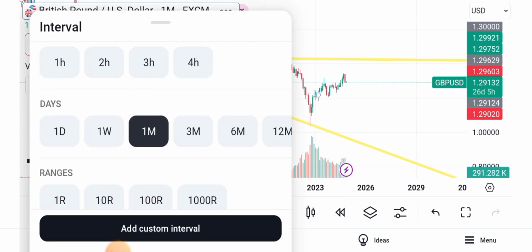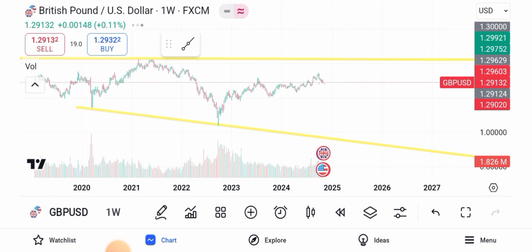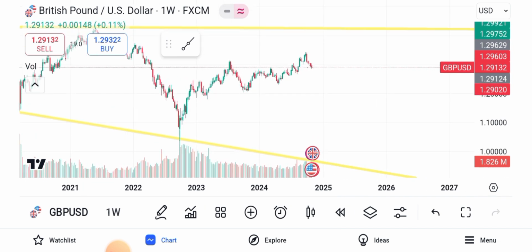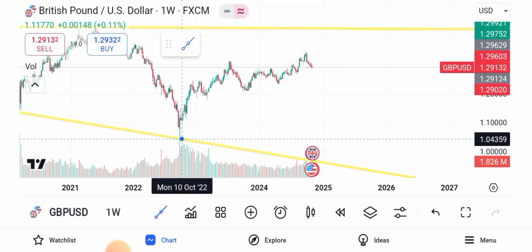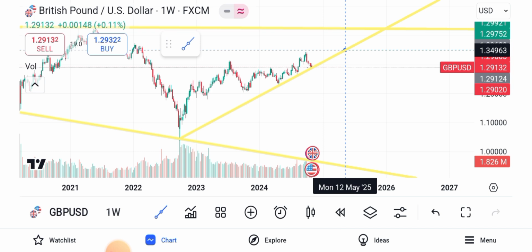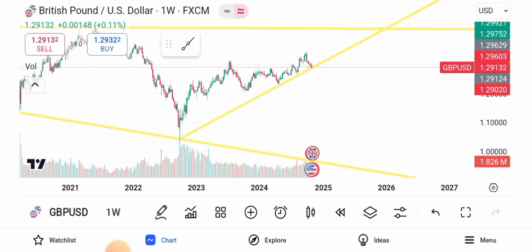We are going now to our weekly chart to look for price action and where we can actually draw a trend line. You can definitely see a trend line from this point here up until round about here, around this mark here.